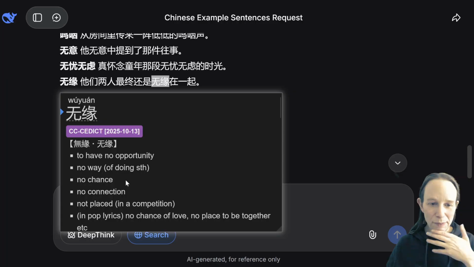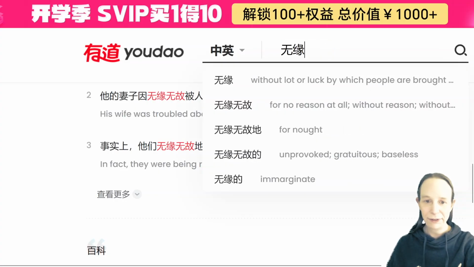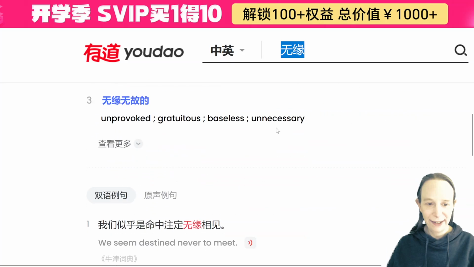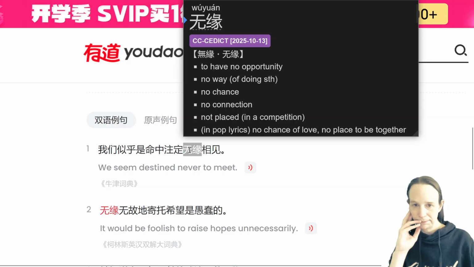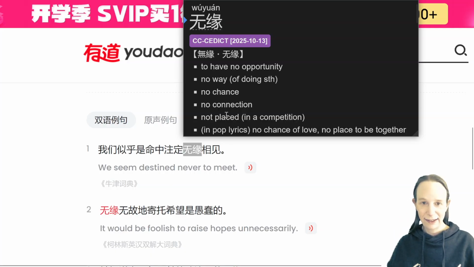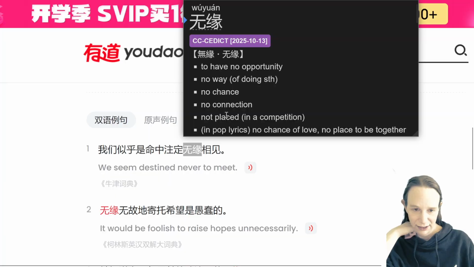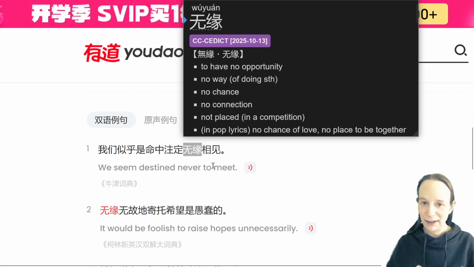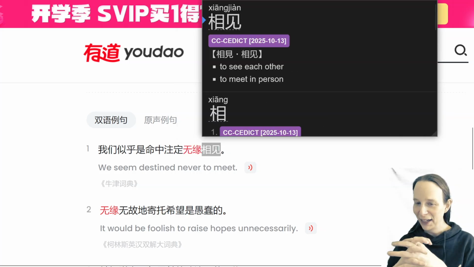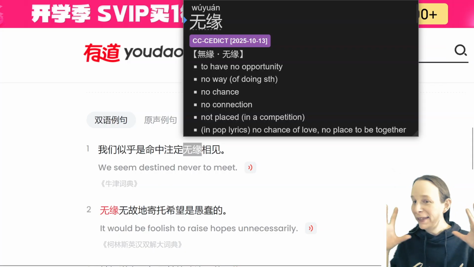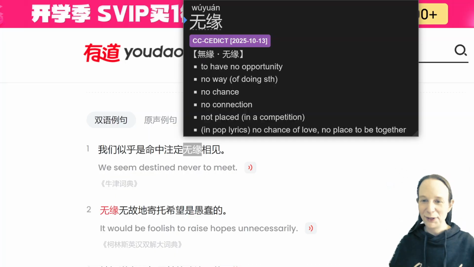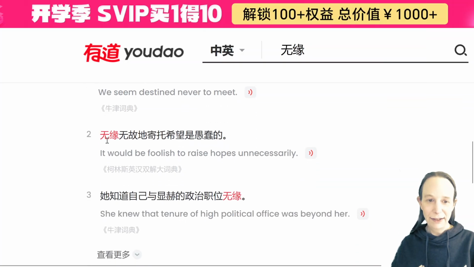Okay, there seem to be multiple meanings here, so we'll go through a few more. 无缘相见. So this is no fate, right? 相见 means to meet each other. But maybe they will never meet each other, because they don't have 缘分. All right.